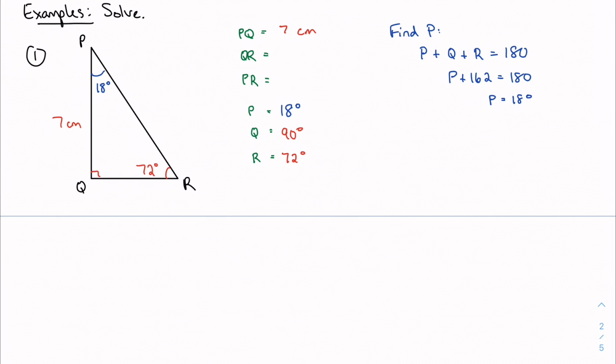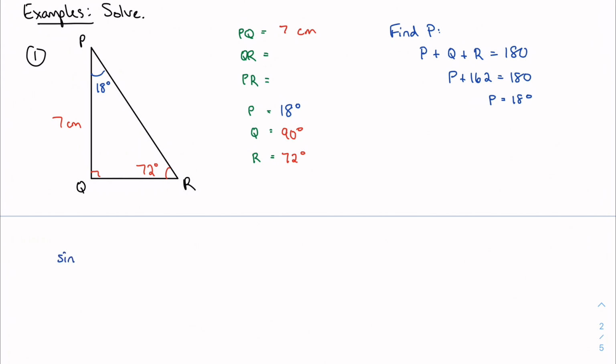Okay, so this is where we're going to use the trig functions. I'm given, relative to 72, the opposite side. So which trig function uses the opposite side? Sine uses the opposite side, and tangent uses the opposite side.